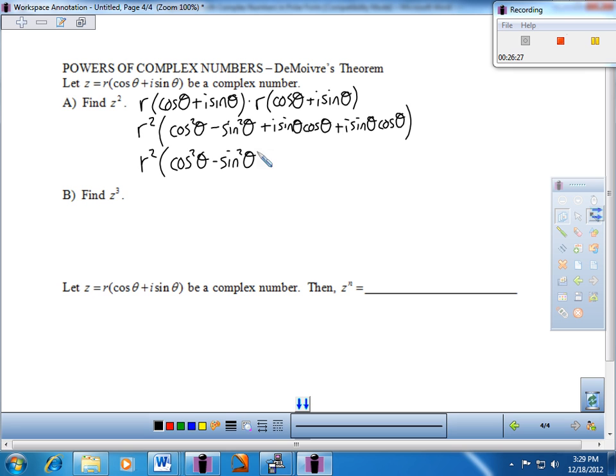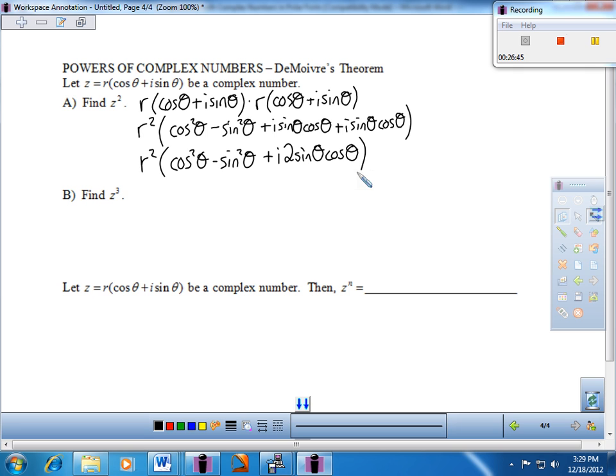I'm going to factor out the i, and do you see I have two of these? Sine cosine, which means I have two sine thetas, cosine thetas. Now, does that look familiar?